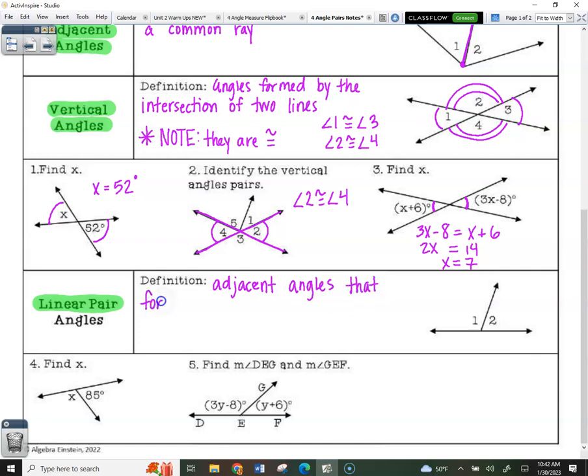that form a straight line, which is actually called a straight angle because there is a measurement tied to it. How many degrees is from one side of this line to the other? 180. So I'm going to put right there 180.